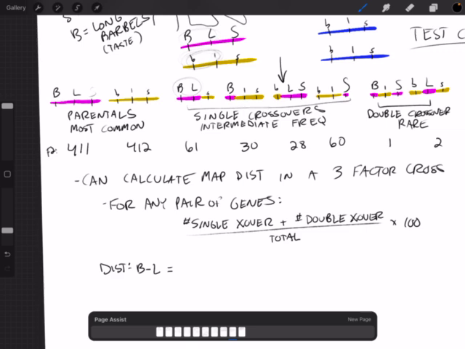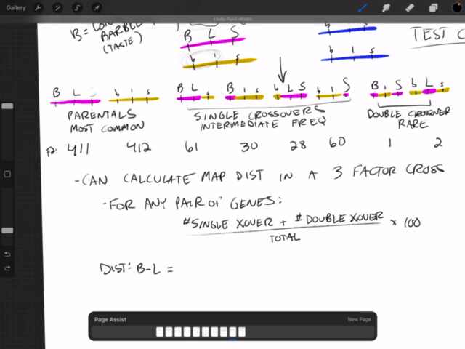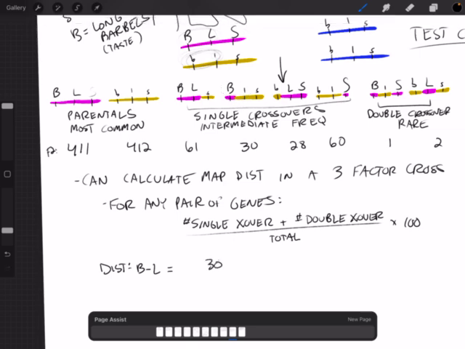But here you have dominant B and recessive L together, so you have 30. Here you have recessive B and dominant L together. There's a recombination event that happened between them, so we have to add those 28. And then you always count the double recombinants, plus 1 plus 2, divided by 1005, which is what the total ends up being. We have a map distance of 6.0 between B and L.